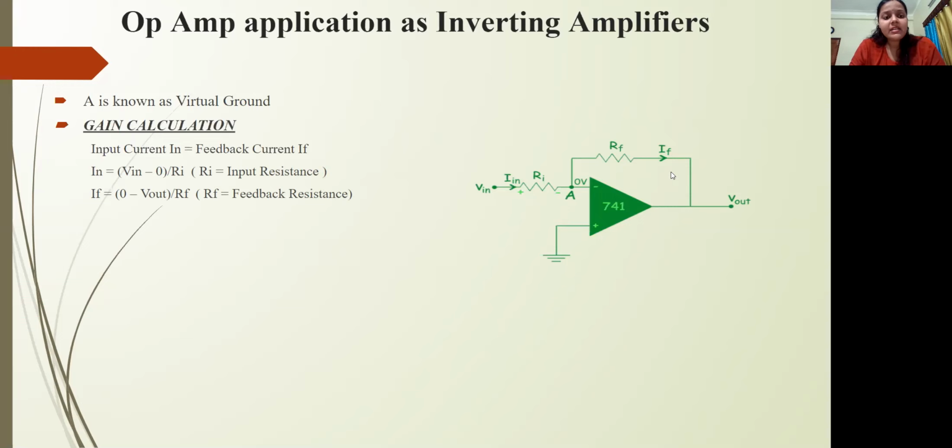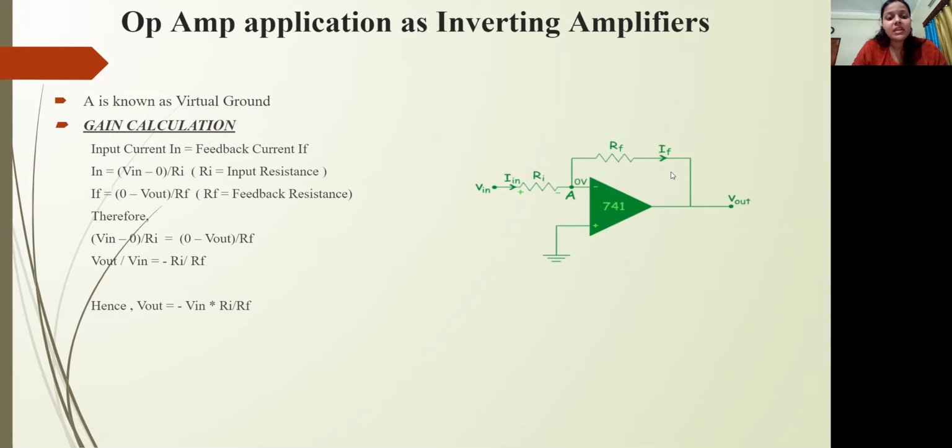So as I in is equal to IF, we can equate these two equations, and from that we have V out by V in equals minus Ri by RF. Hence, output voltage is the inverted of input voltage. This minus sign signifies the inversion of input voltage.